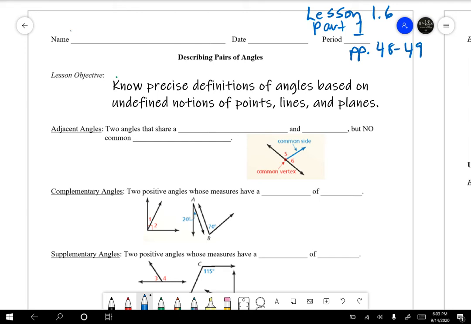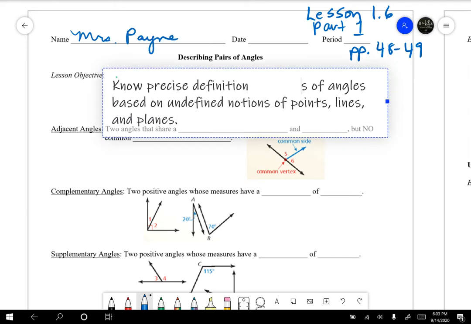As always, I'm going to start with my name on my paper.